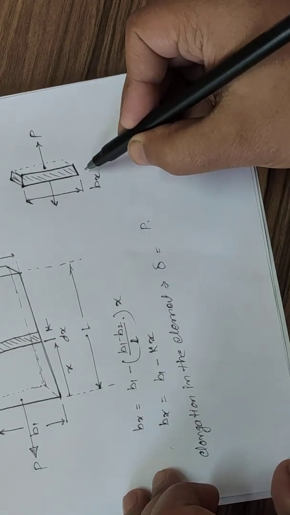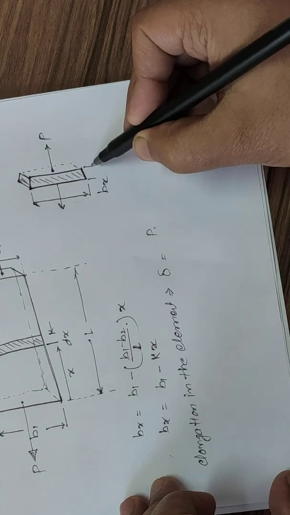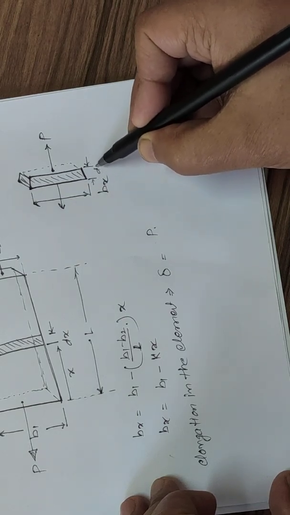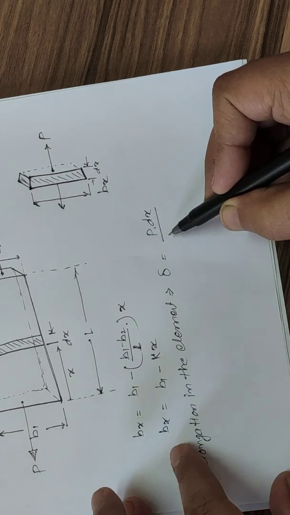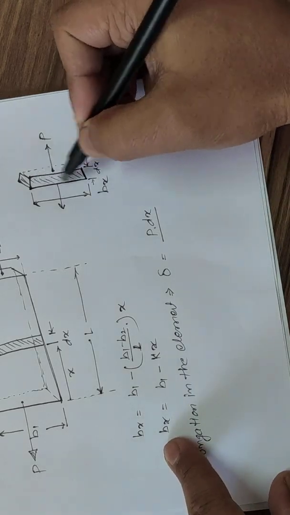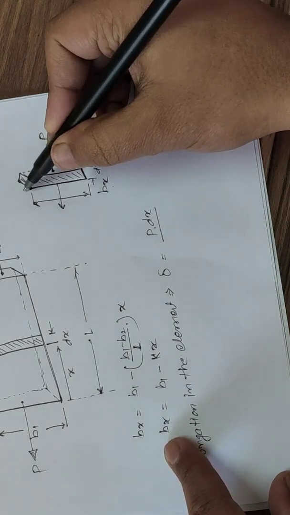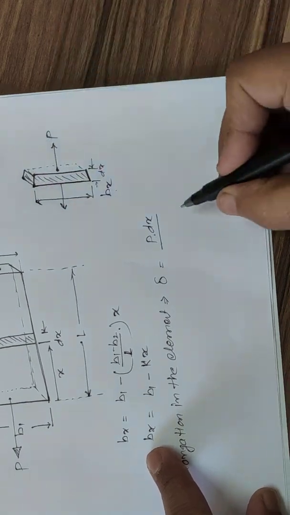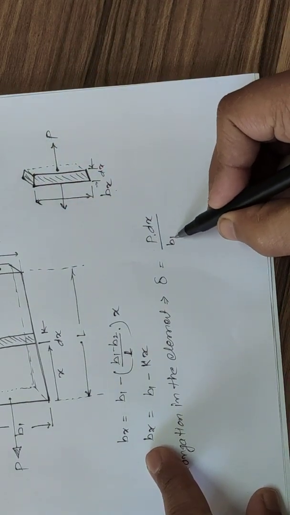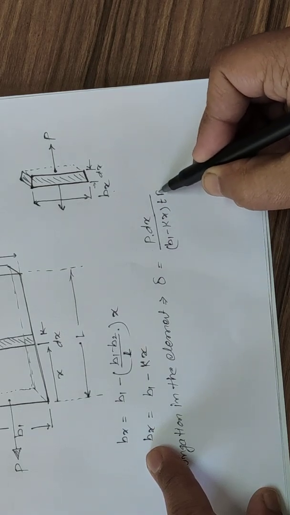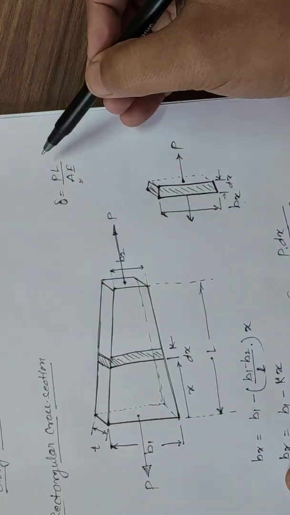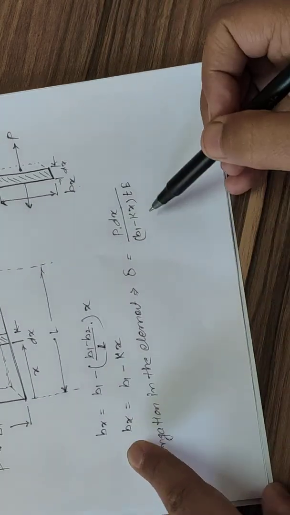The length of the element is nothing but dx, so P into dx divided by AE. The area of this strip will be equal to Bx multiplied by T, and Bx is B1 minus K into X, so multiplied by T into E. We have applied the same formula for the strip.